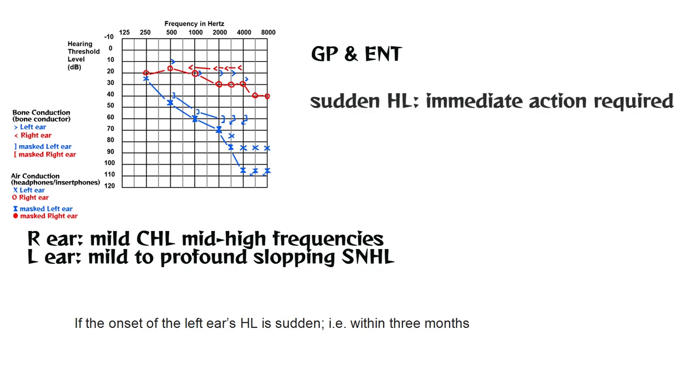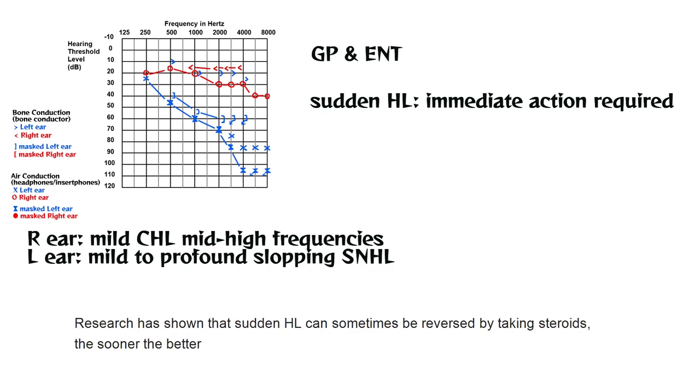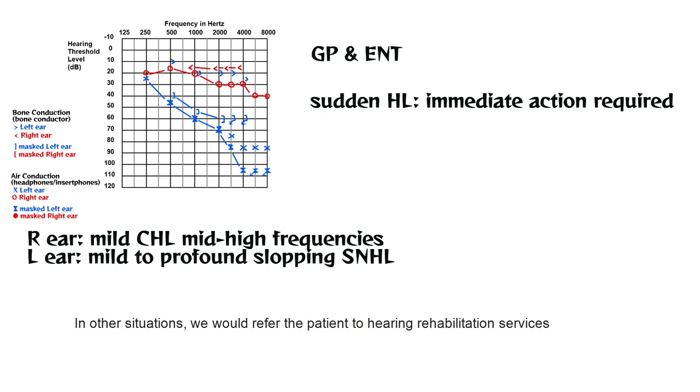If the onset of the left ear's hearing loss is sudden, i.e. within 3 months, immediate action is required. Research has shown that sudden hearing loss can sometimes be reversed by taking steroids. The sooner, the better. In other situations, we will refer the patient to hearing rehabilitation services.